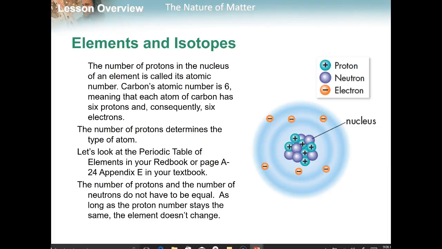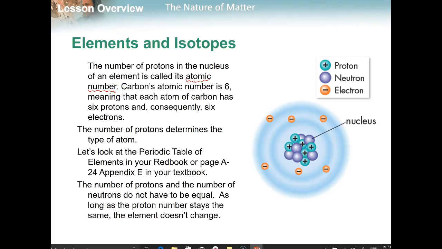So one of the things that we talked about was that the number of protons in the nucleus of an element determines the type of atom that it is, and the number of protons refers to the atomic number.